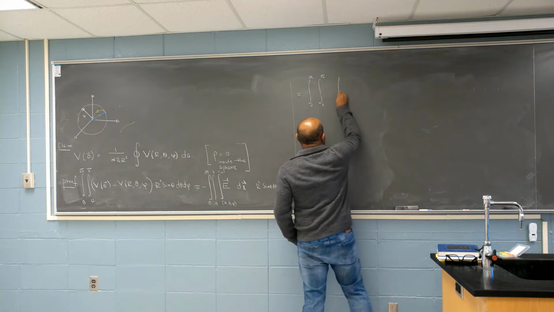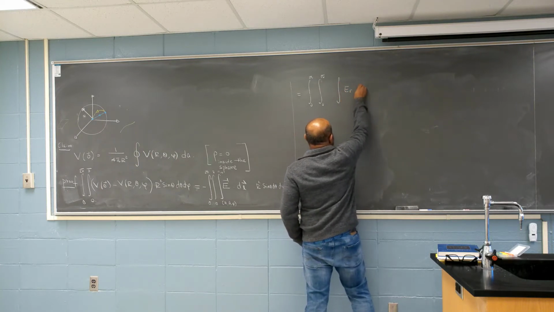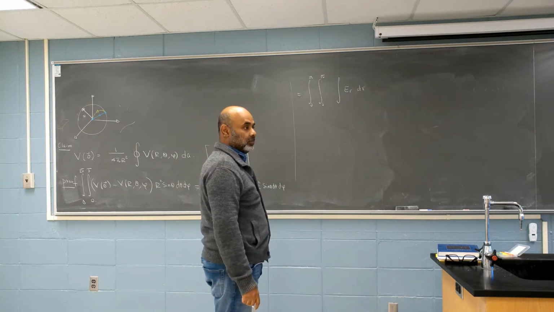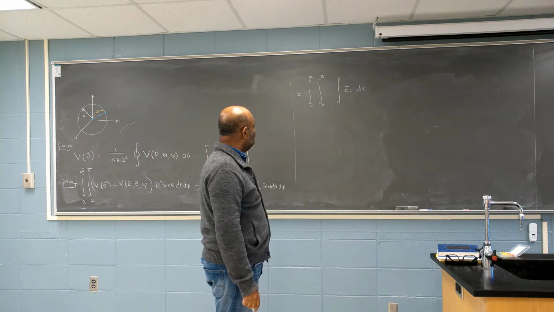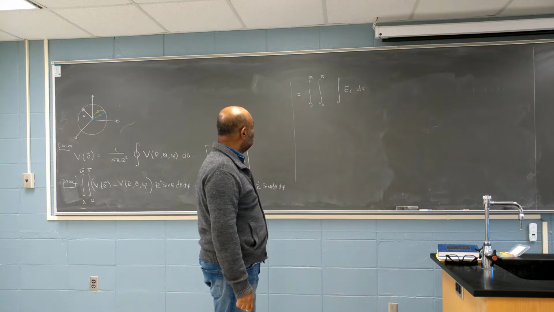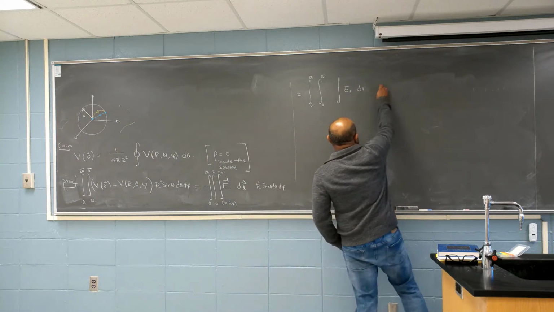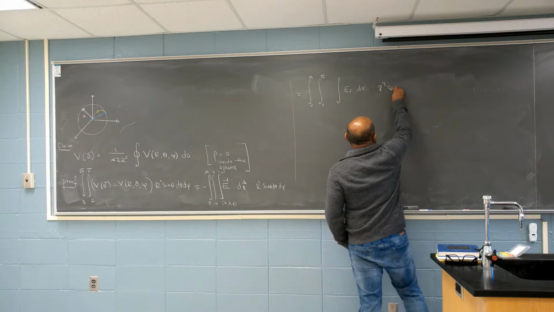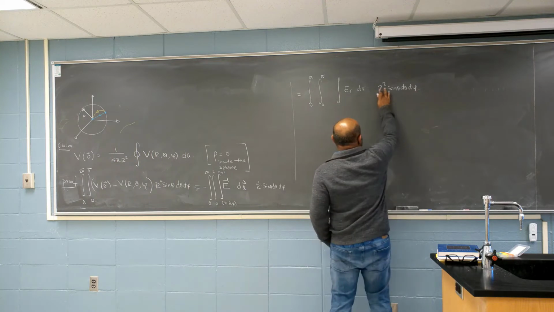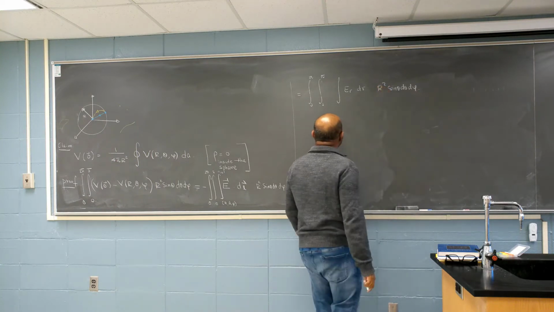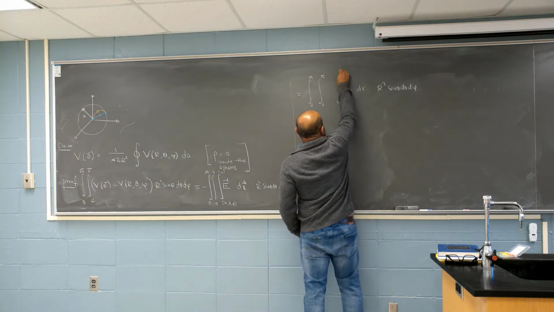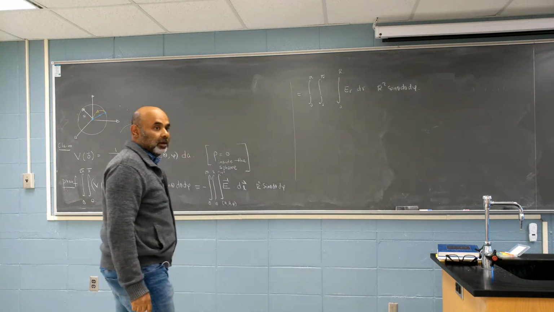And also, I'm going to do this E r dr, then I have r squared sine theta d theta d phi. And then what am I doing? I'm going from r equals 0 to r equals big R.